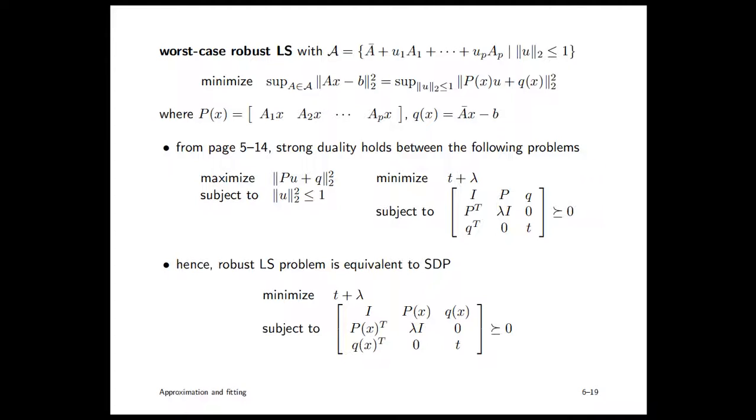In an estimation setting, the set A gives our uncertainty in the linear relationship between the measurement vector and the estimated results. In an optimal design setting, the variations can represent uncertainty in the linear equations that relate the design variable x to the result vector A multiplied by x.